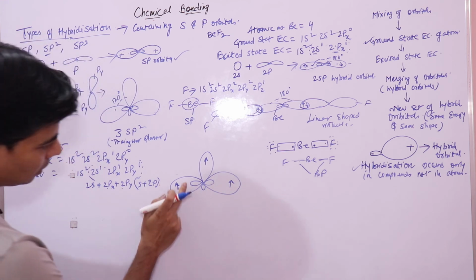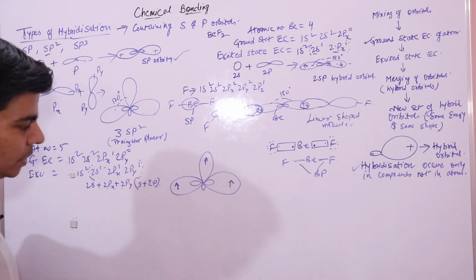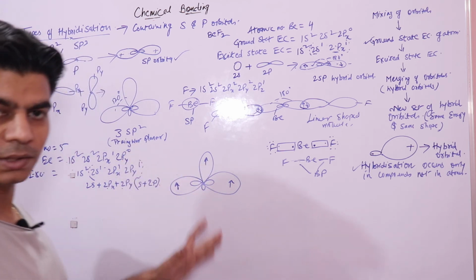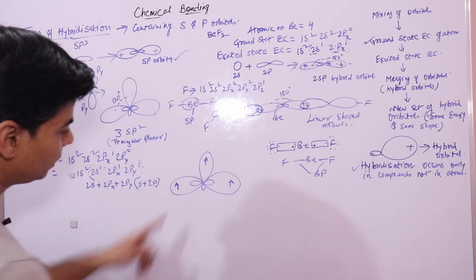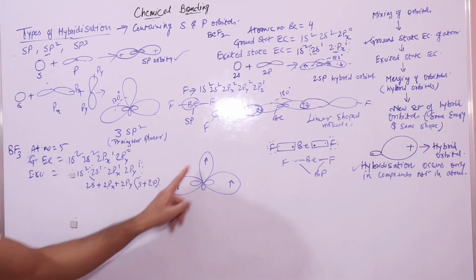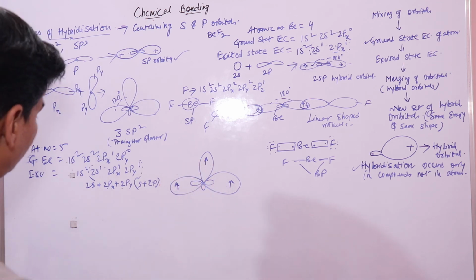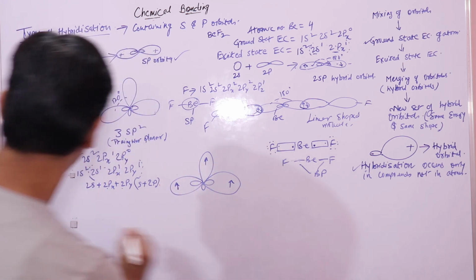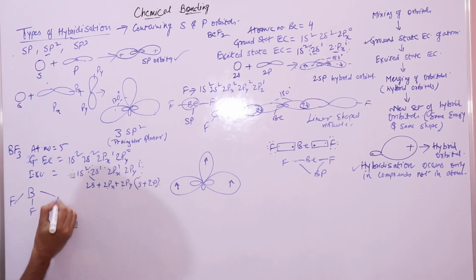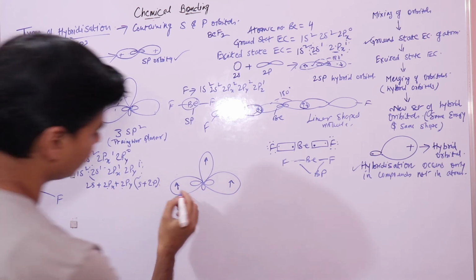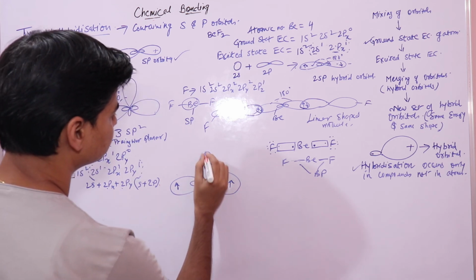Now these three sp2 hybrid orbitals that have triangular planar shape will overlap with the three fluorine atoms, like this, right, like this.